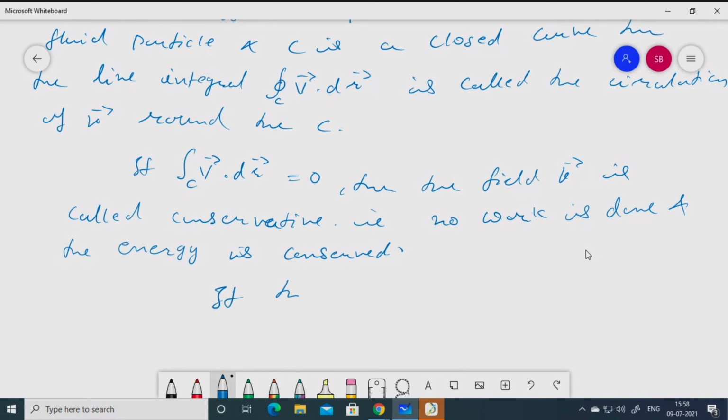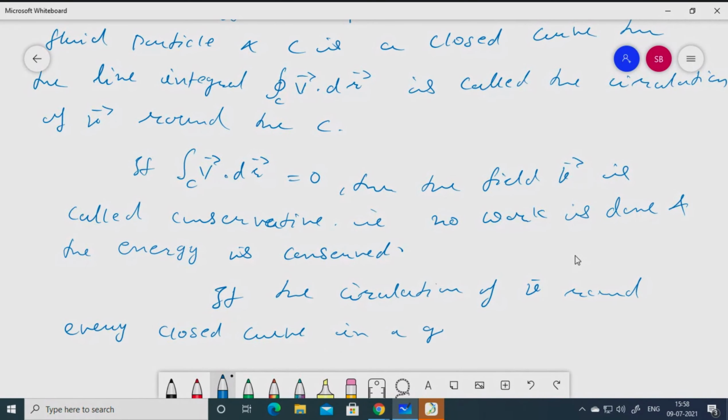So, if the circulation of v bar round every closed curve in a region D vanishes.